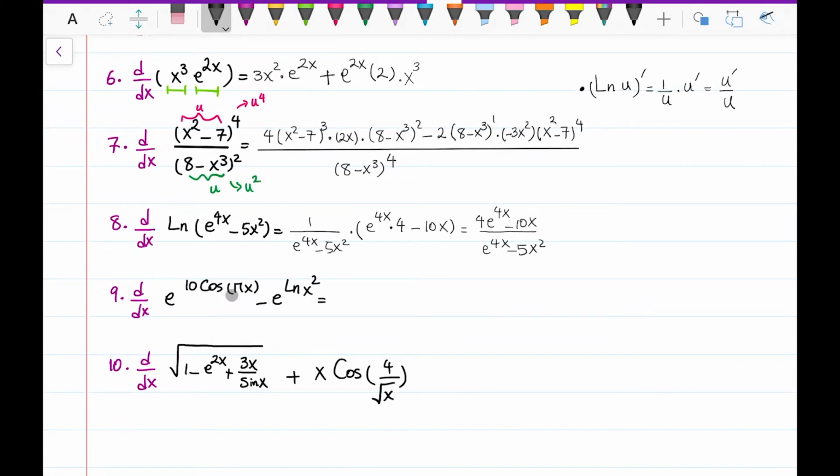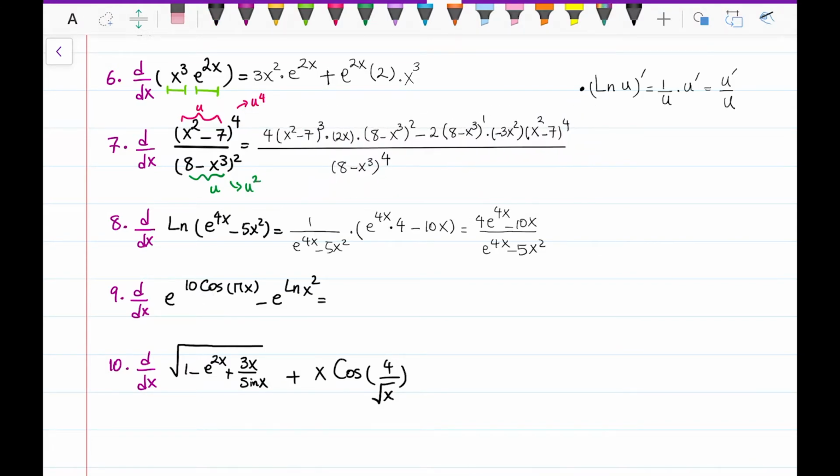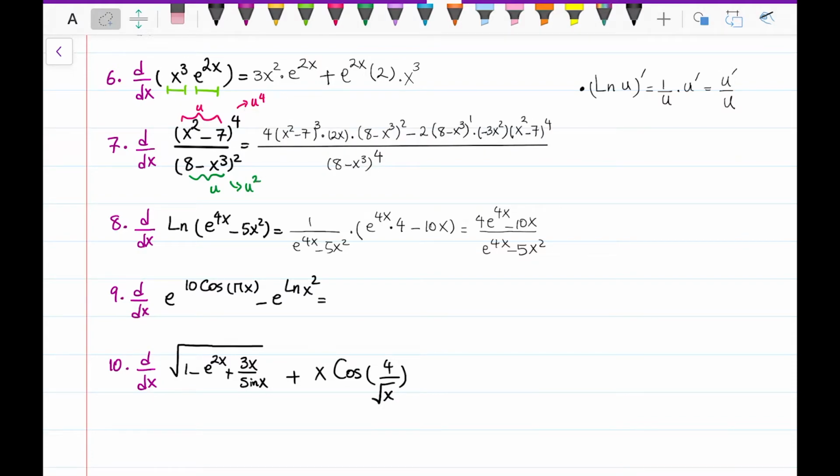Now, let's go to this function. For this question, I need to review derivative of cosine and sine. Let me make this one a little smaller. So derivative of sine of any function, it could be x or something else, would be cosine of u times u prime.